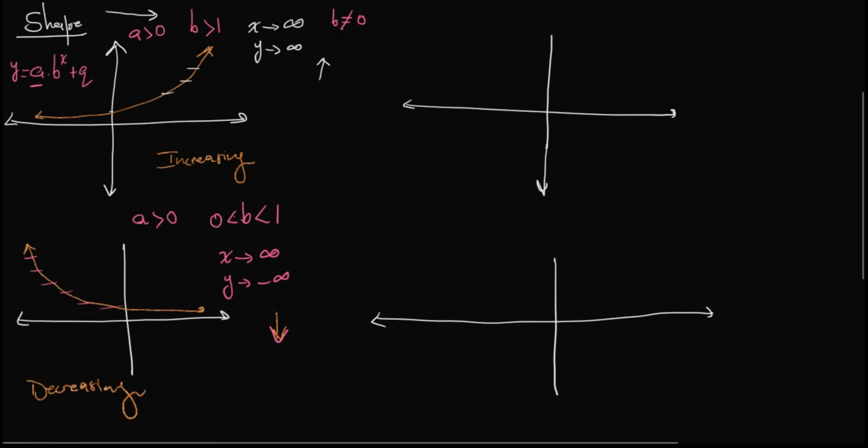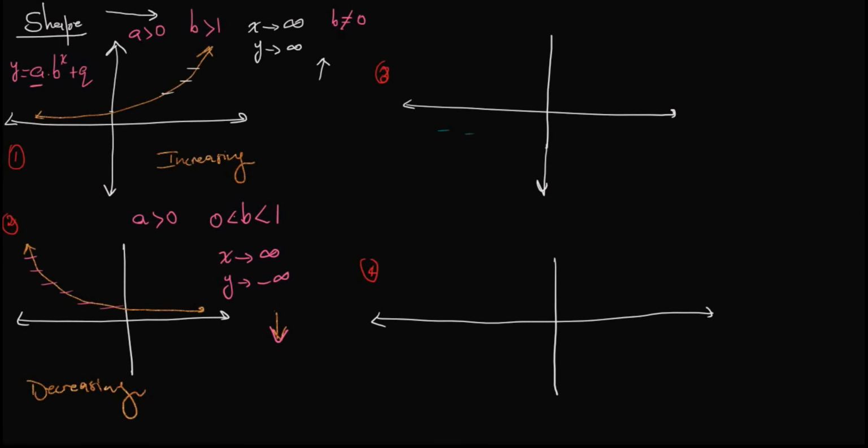Okay, now we go to the third one. This one is the first, this is the second. Now we can look at the third and fourth. For the third and fourth, we can just draw our q, because q for the first two was the x-axis, to be specific.